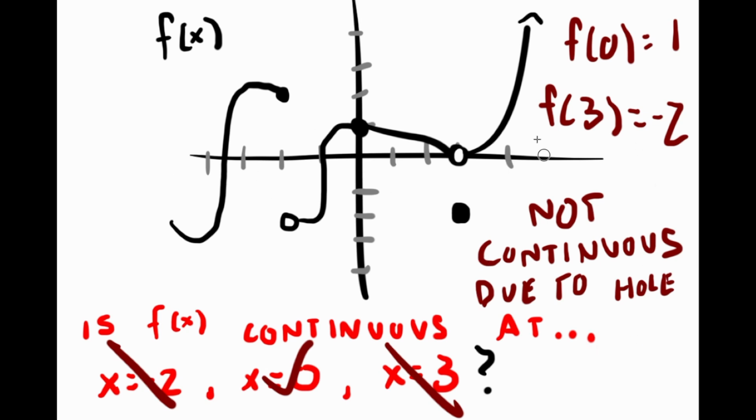And this is going to segue us into our next example. We see here that at x equals 3, we're not able to say it's continuous due to the hole that exists right here. We're going to go over another example that'll help us understand that point.